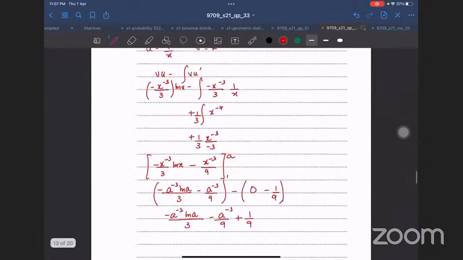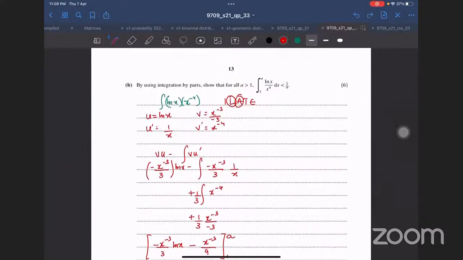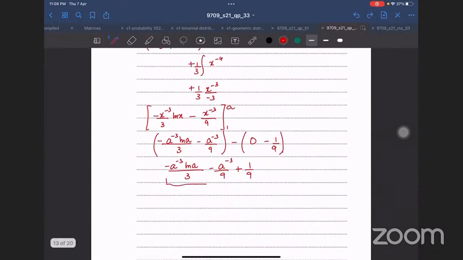Okay. Since this is less than 1 over 9, that is what I have to prove. If I have two negative terms here, that means I'm subtracting something from 1 over 9.